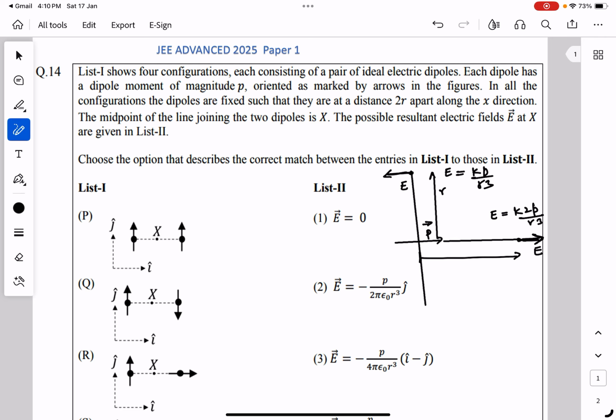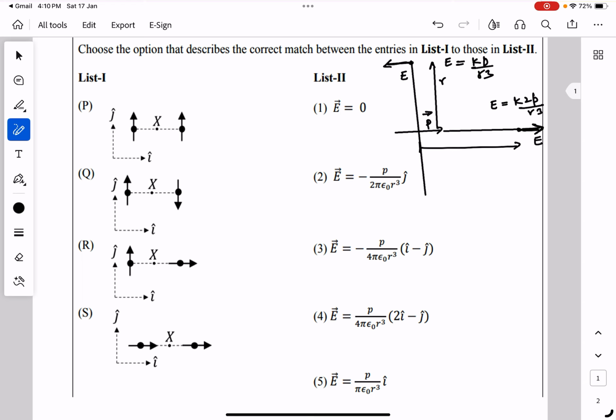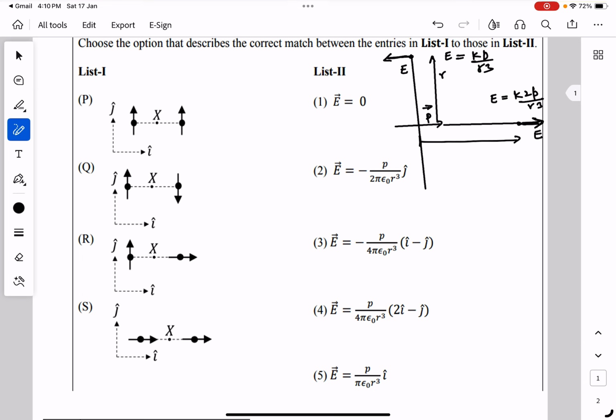Now let us take up the first question. The distance between point X and the dipoles is r. In this case, both the dipoles are pointed in positive y direction, and point X is located on the perpendicular bisecting line of each dipole.